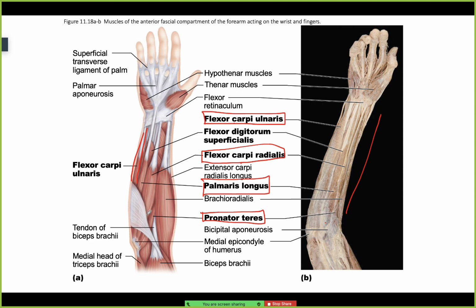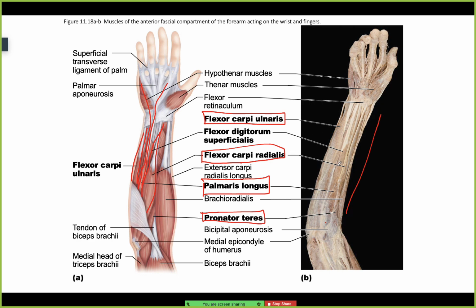And then we've got the flexor carpi radialis. And in between those 2, you have this really long muscle that goes to the palm of your hand. And that's called the palmaris longus. So it goes to the palm and it's very long.